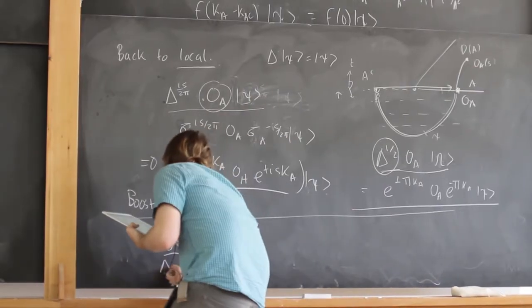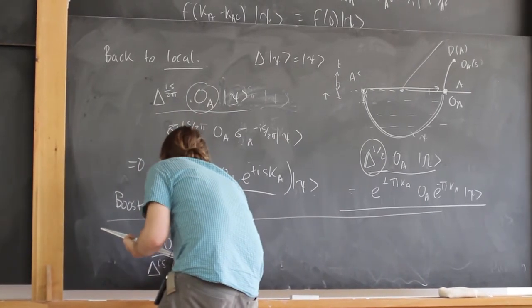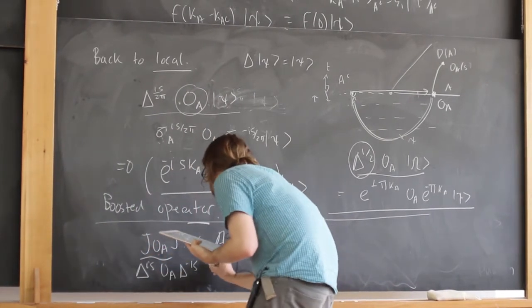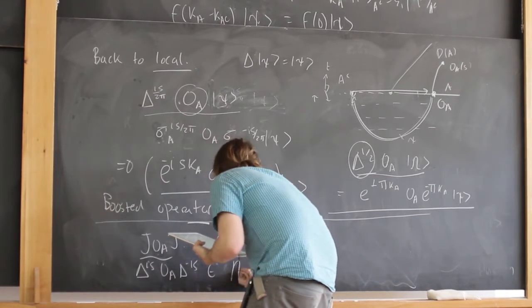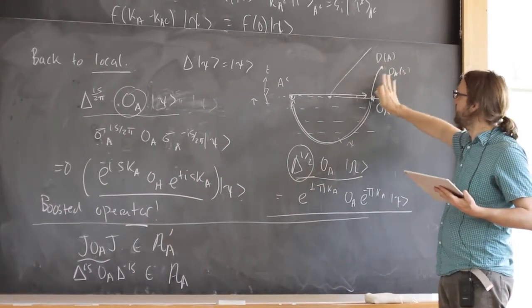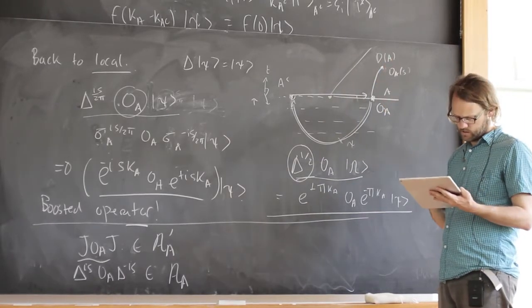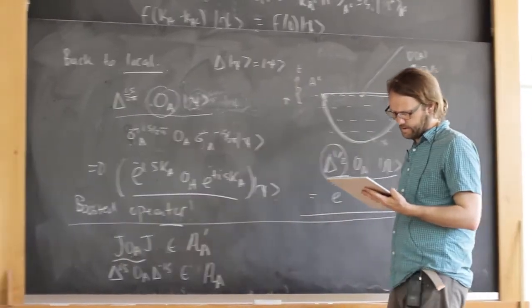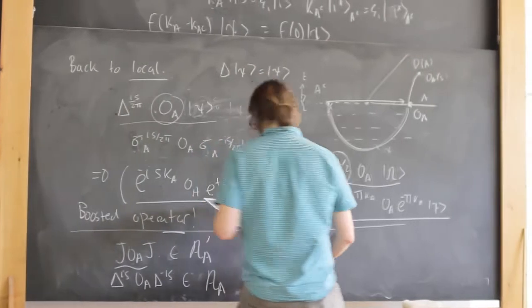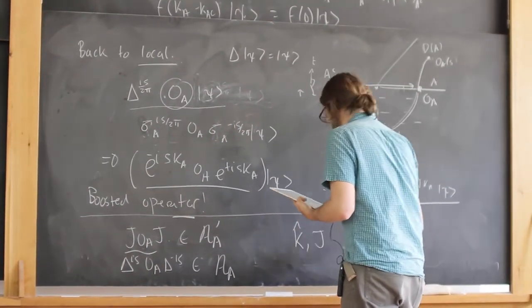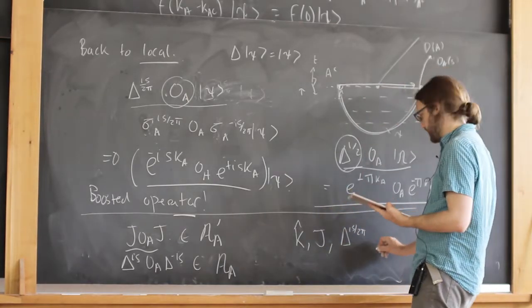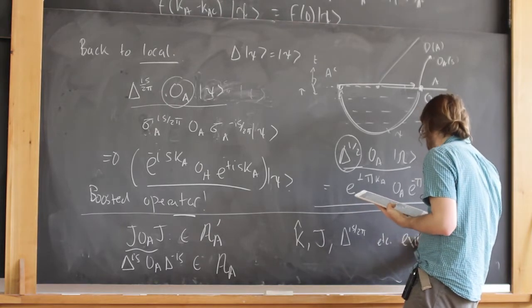And the other important thing is that if I do boost by a real amount, by s, so this delta to the i s, this is also in the algebra of A. So that's kind of obvious in this boosted case because I'm just boosting this operator over here, and this is still in the domain of dependence of A. Okay, so I just want to point out that all of these objects, the full modular Hamiltonian, this anti-unitary operator J, modular flow, as this is sometimes called, etc., exist in the non-local case.